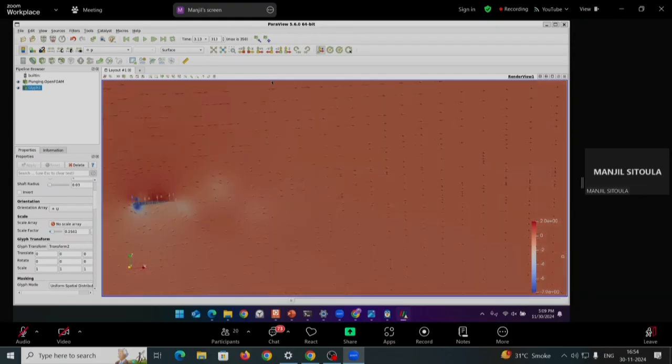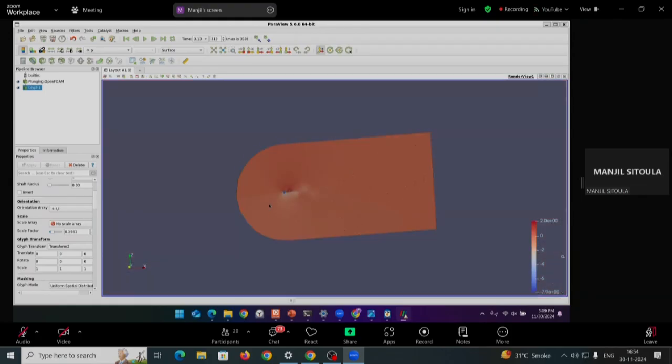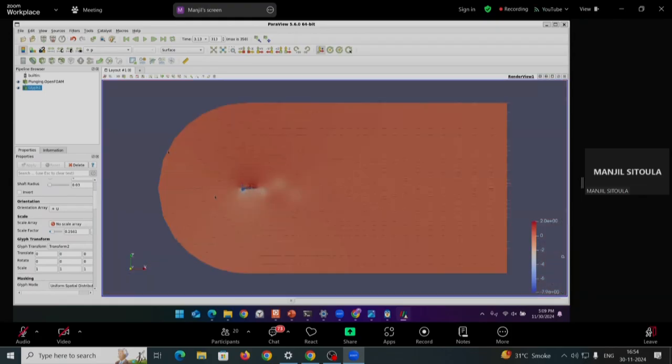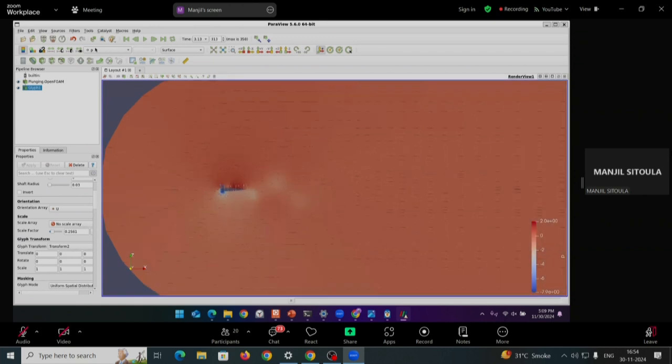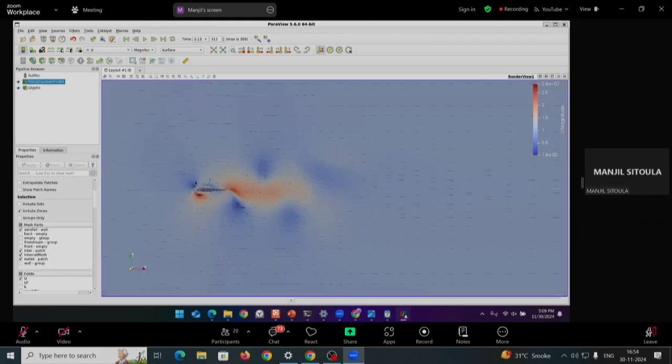Let's make it 2D first. We have set this to velocity; before it was pressure.